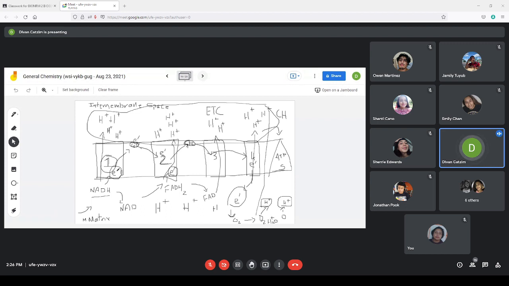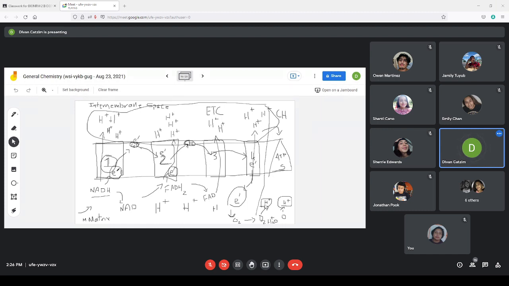So that now these hydrogen ions can be fully utilized to produce a hydrolytic reaction, which means that these hydrogen ions can combine with oxygen to form water, as seen here, right?